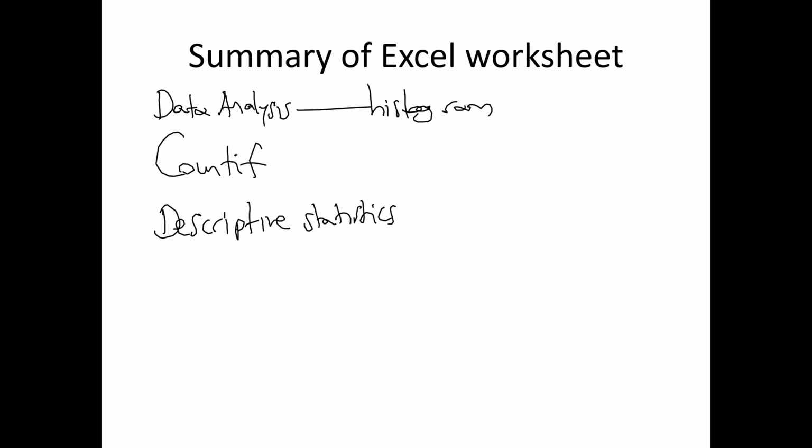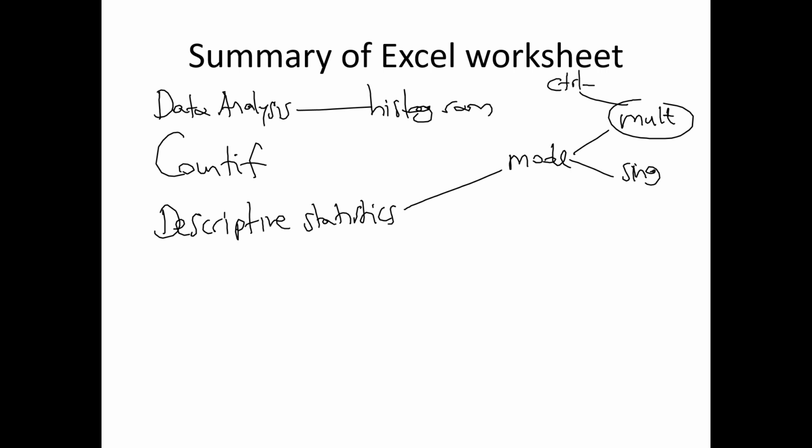For descriptive statistics we checked the mode. Mode had 2 options: it brings up the multiple mode options and it brings the singular one. If you are checking with the multiple one, you have to press Control, Shift, and then Enter, these 3 together.